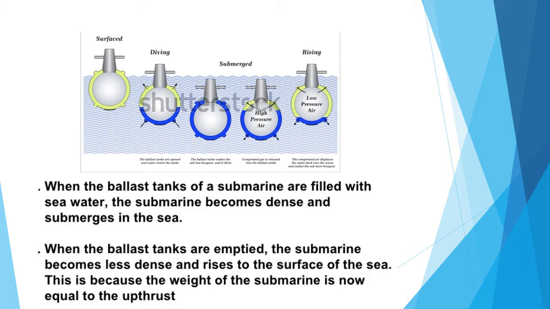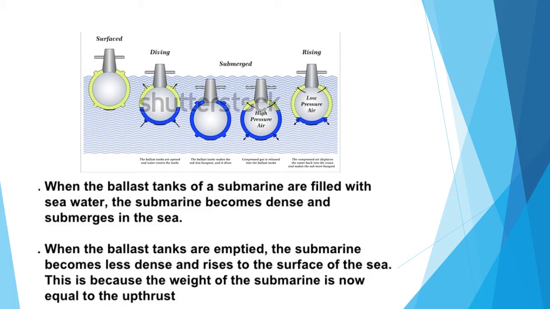They will press the water out with the high pressure of air, so the water will push out, so the ballast tank slowly empties, right? So it slowly pushes out the water, so the weight of the submarine is lighter, so it becomes float again.